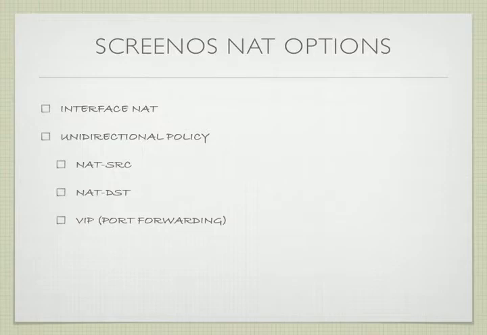So you can send, say, FTP to one server, HTTP and HTTPS to another server, SSH to a third server, where a single port can go to a server, and each of those port forwarding can go to a different server. You can also do this through policy, but VIP is the special feature to do straight across port forwarding.